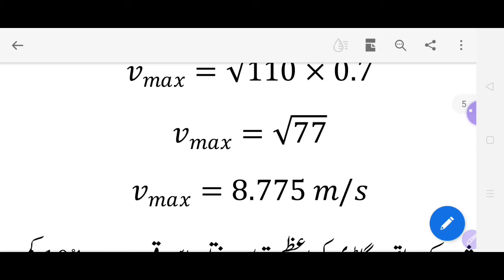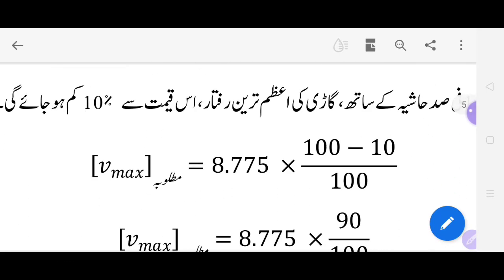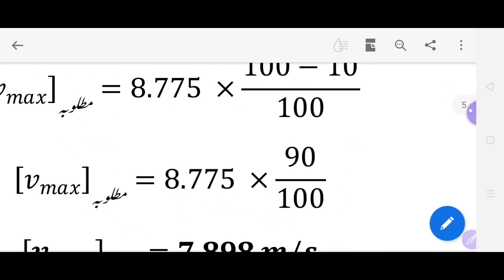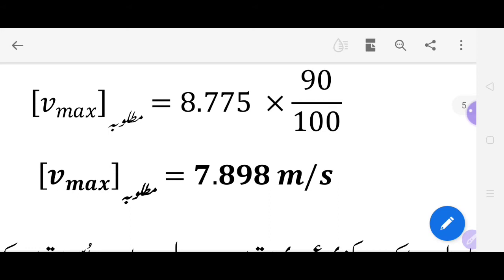So for this purpose, we can write V maximum required is equal to 8.775, the real maximum value, into 10% less, means 100 minus 10, means 90, divided by 100. So V max required will be 8.775 into 90 by 100. If you solve it, we get 7.898 meter per second. So this is the 10% margin value of the maximum limit.